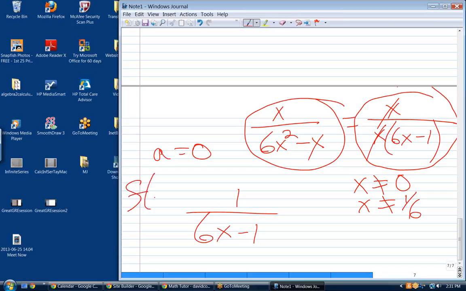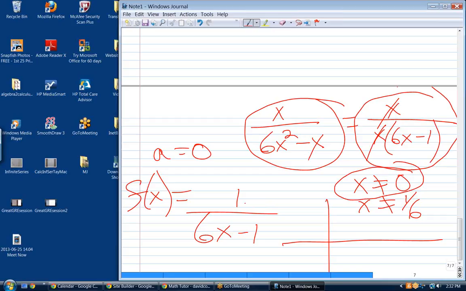So now we have f of x equals that, and we can tell that this is going to have a hole in it at x equals 0, and it's going to have a vertical asymptote at x equals 1/6. So if I were to try to graph this thing, this is a hyperbolic function.